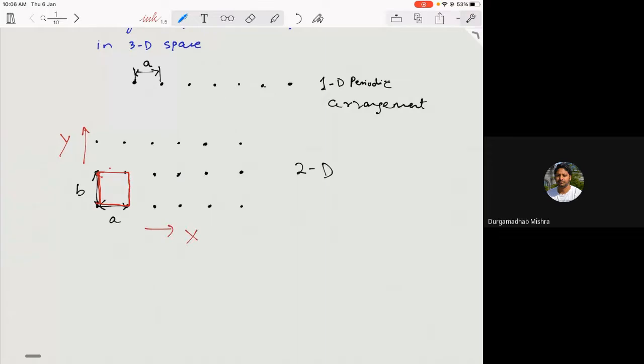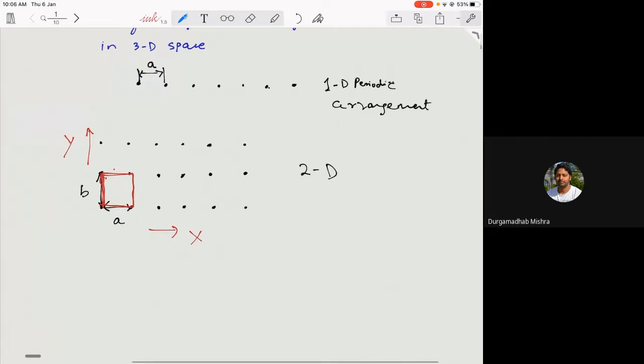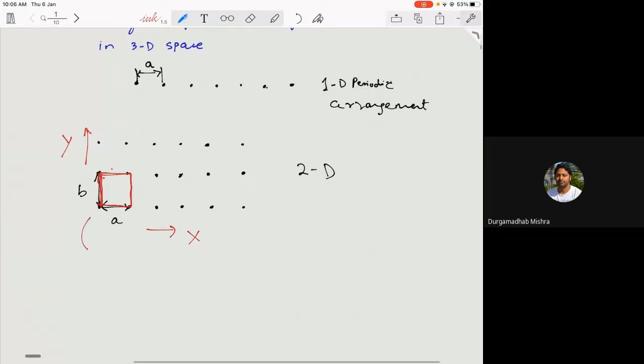If I repeat this unit in both directions, I can create the crystal by repeating this unit. And this unit is known as a unit cell.